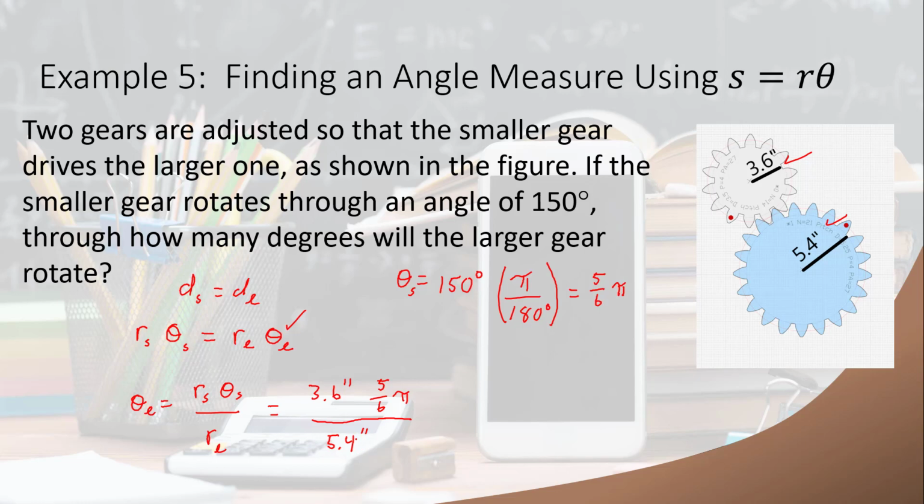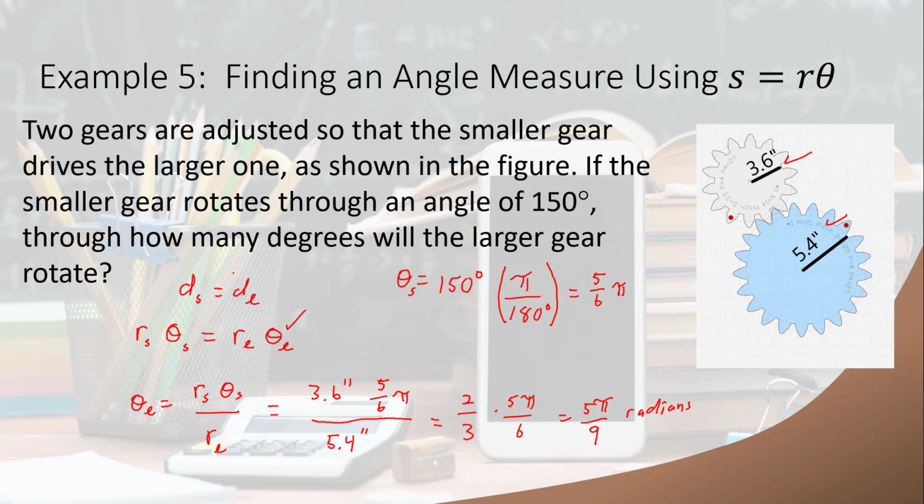It turns out that this simplifies to 2/3. Well, these actually have common factors of 1.8, times 5 pi over 6. We can simplify that even more, and that will give us 5 pi over 9. And that is our answer in radians.